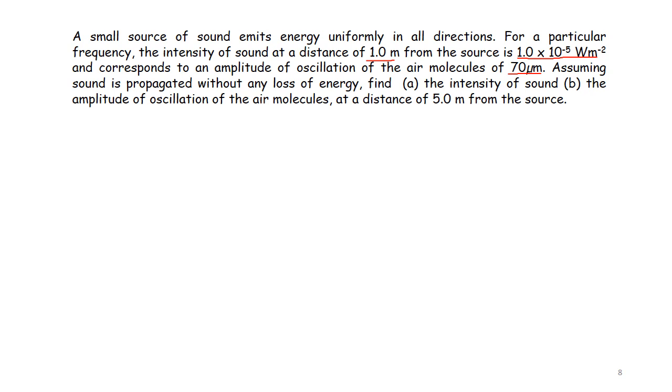So at a distance of 1 meter from the source, we have this intensity and this amplitude. Now, if the distance has increased to 5 meters from the source, we want to estimate the intensity and also the amplitude of oscillation of the molecules in that medium.